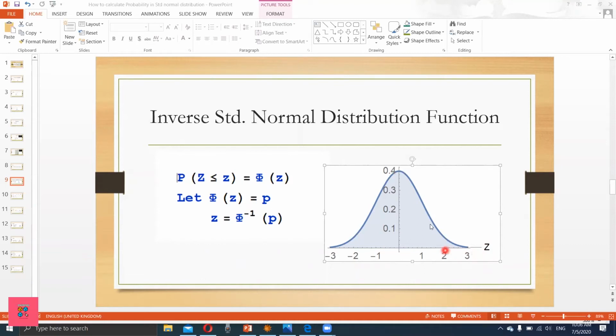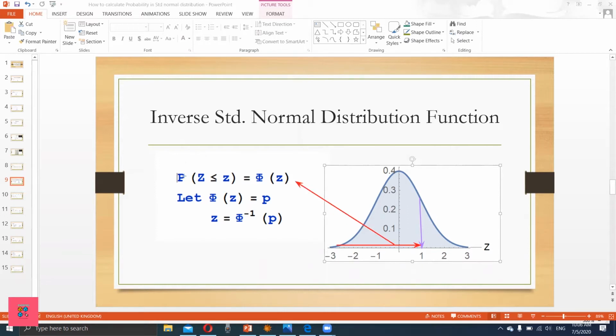So at any point, for example, if this point is here, then the probability starting from minus infinity to this specific point is always phi of z.